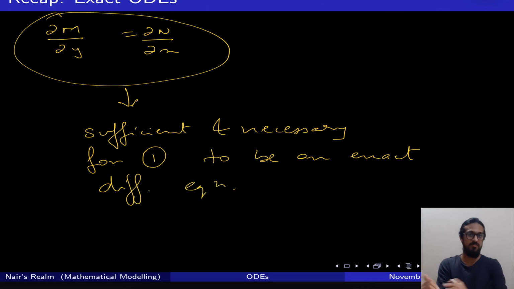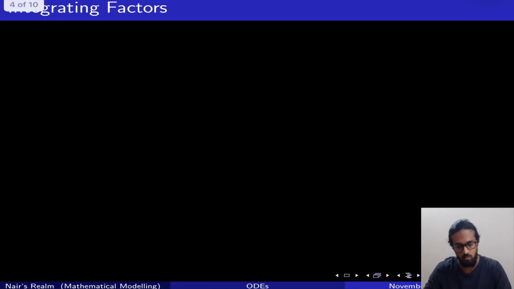So let's call this one. We saw this in the previous video and you guys can check that out if you're not aware. So we'll be picking up from this point today, and today's main focus will be about integrating factors, what they are, and how we can use integrating factors to solve linear first order differential equations.